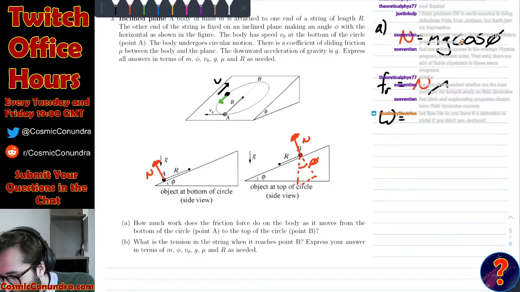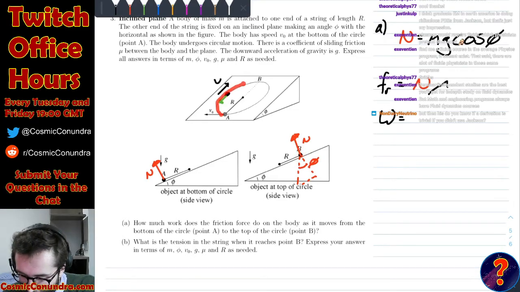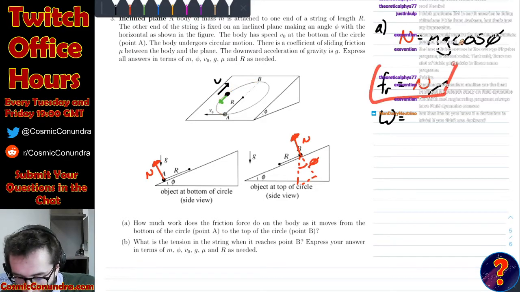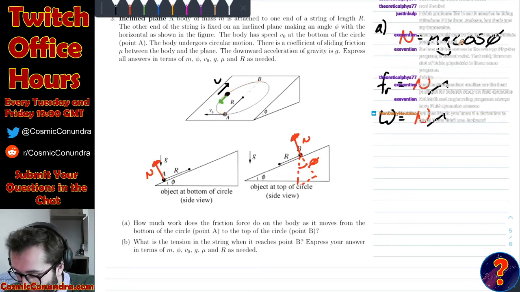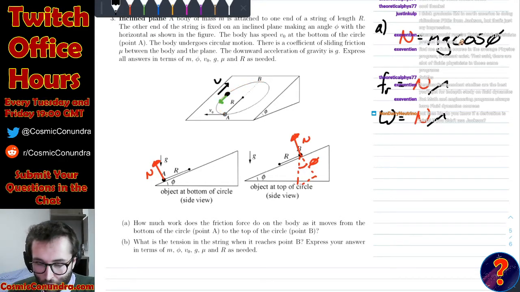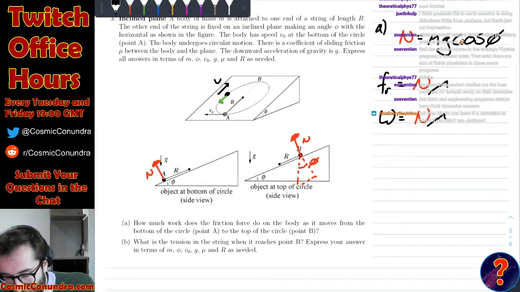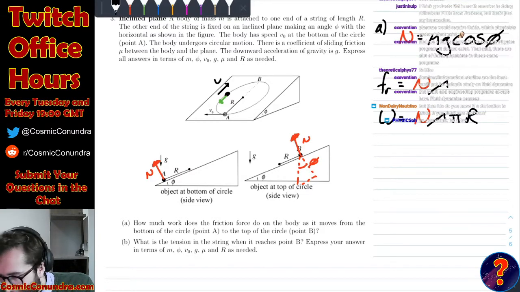Okay, and we don't have to integrate or anything because, as I said, the normal force is the same all the way along this circular arc. Therefore, the frictional force is the same all the way along this circular arc. So it doesn't matter. It's just N and then N mu the whole way. So that is N mu times the distance it moves, which is half of the circumference of the circle. Well, that's 2 pi R divided by 2. So that is just pi big R.